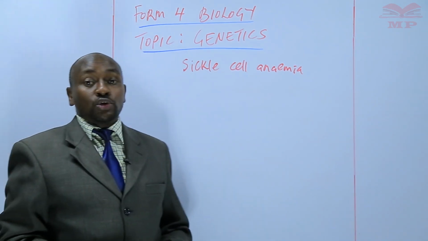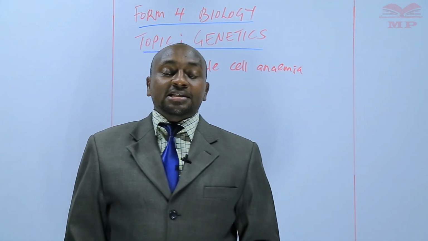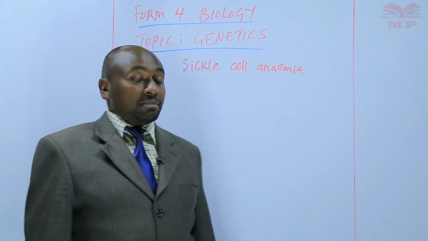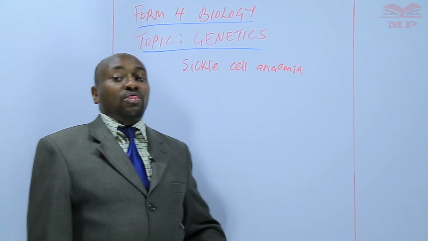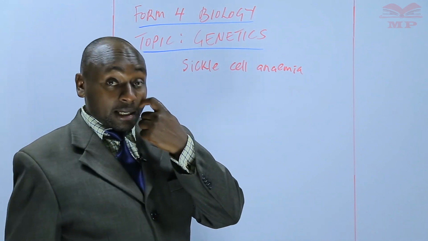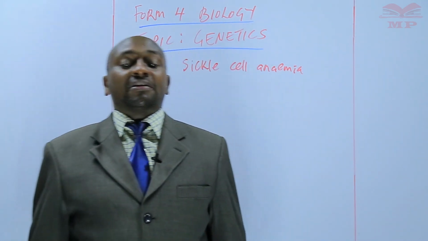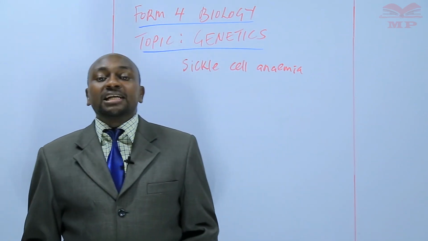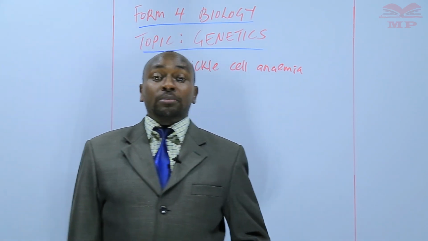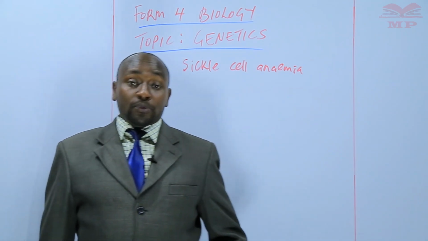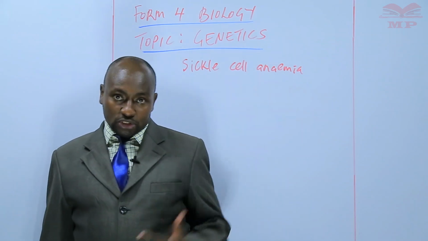Now, sickle cell anemia is a situation whereby the red blood cells assume a sickle shape. They become sickle-shaped, hence sickle cell. And those sickle-shaped cells contain defective hemoglobin that is unable to efficiently load and transport oxygen.